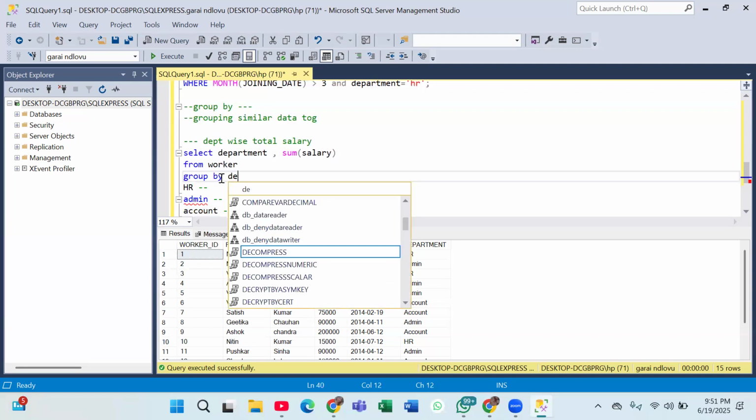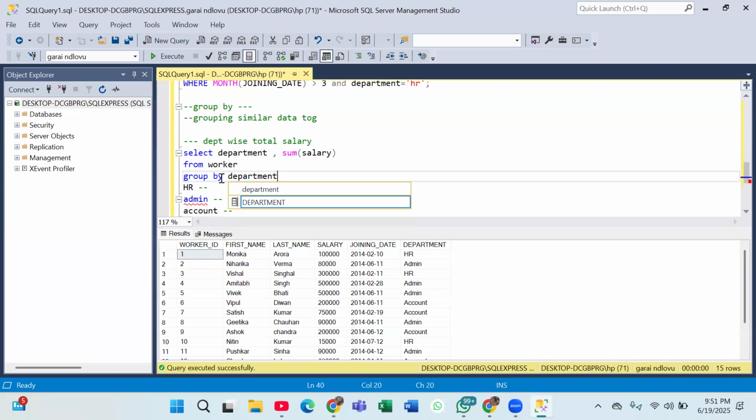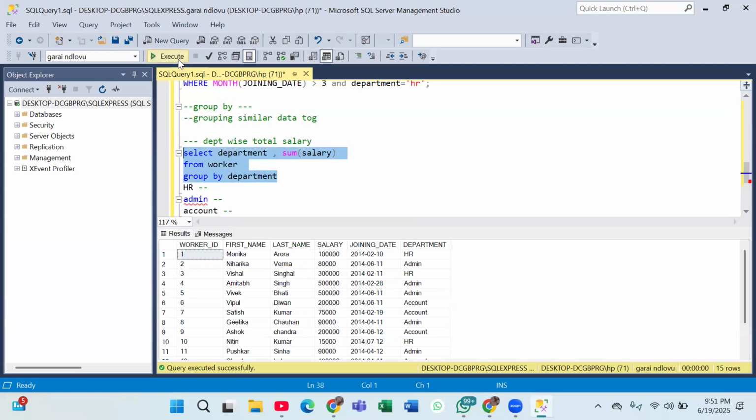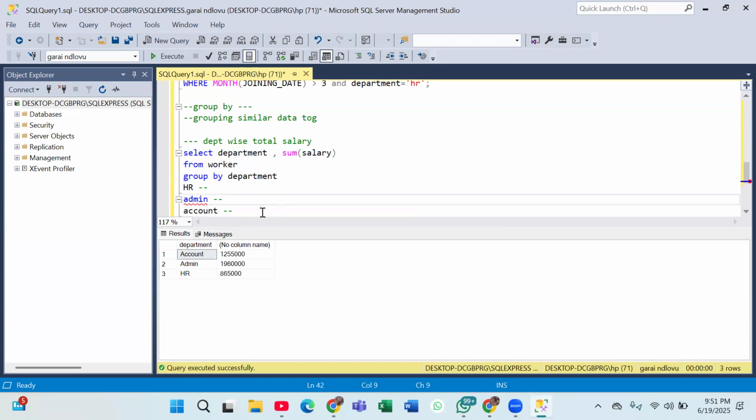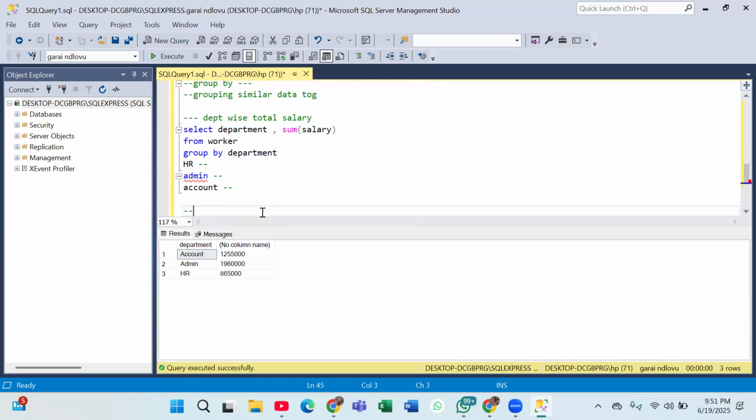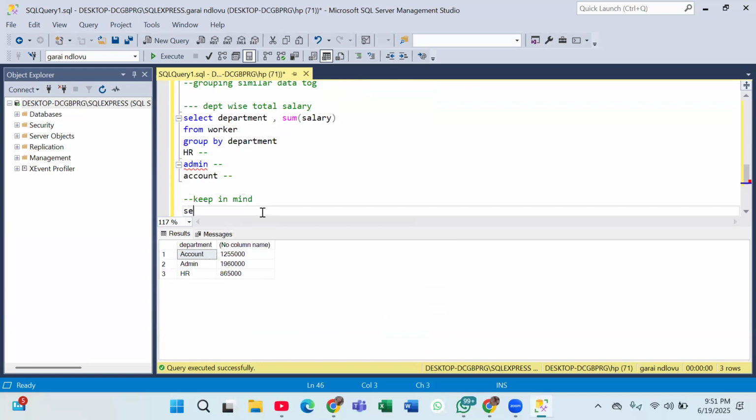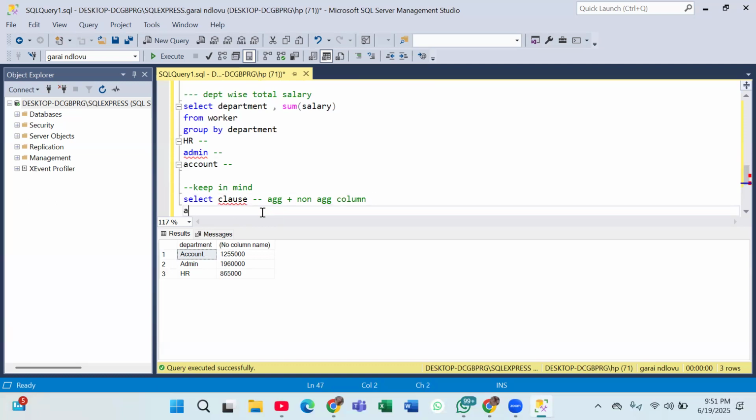I'll make it easy for you. So group by department will come, otherwise you will get an error. Let me make it easy for you. What are the things that you have to keep in mind? Whenever in your select clause you use aggregate and non-aggregate columns together, do you understand what aggregate columns are?